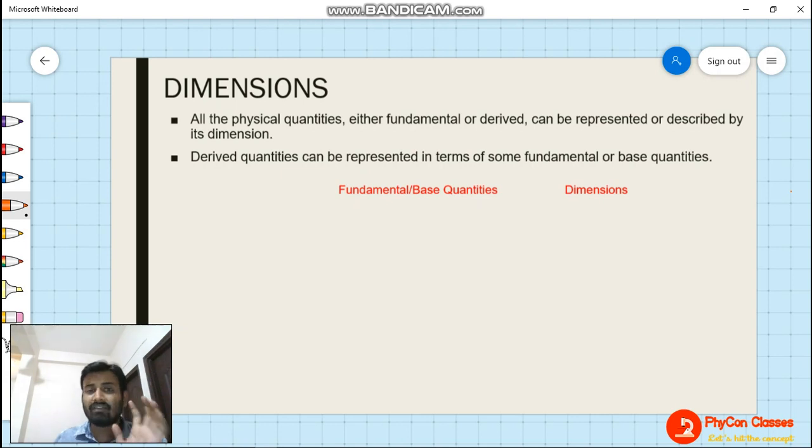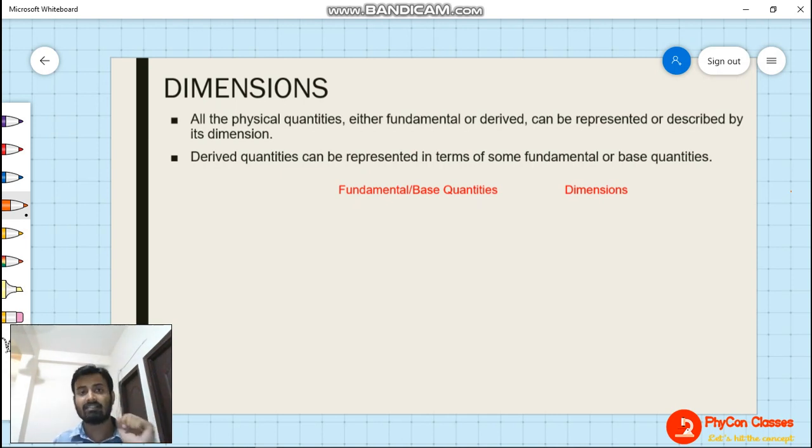So out of these 7 fundamental quantities, we are giving some notation. And those notations are called dimensions. Understand? So here dimension does not mean x, y and z axis, 3 directions, 3D, 4D, 5D. That dimension is different. Here the dimension represents the fundamental quantity.